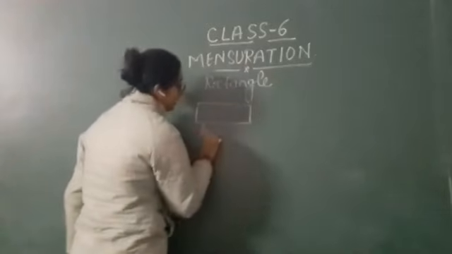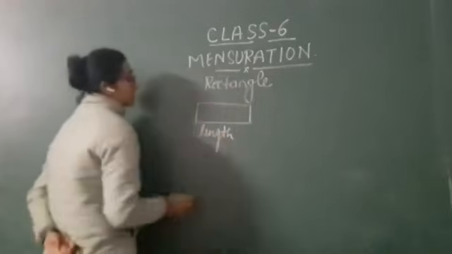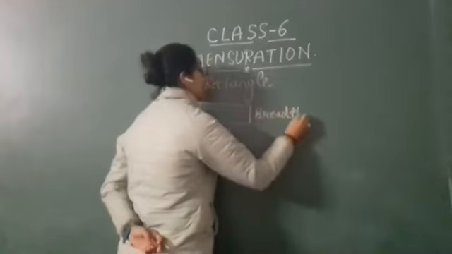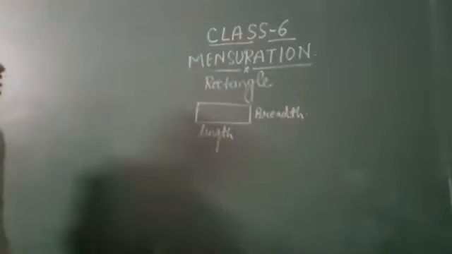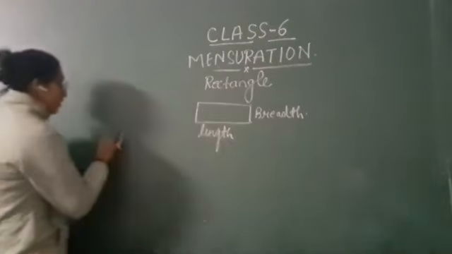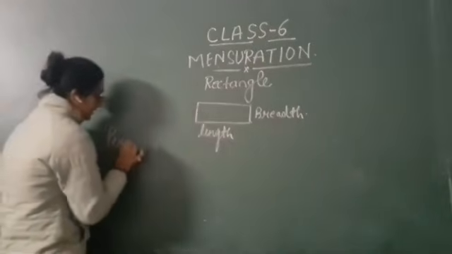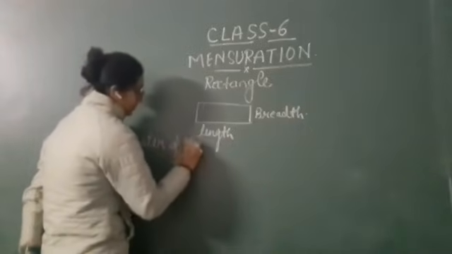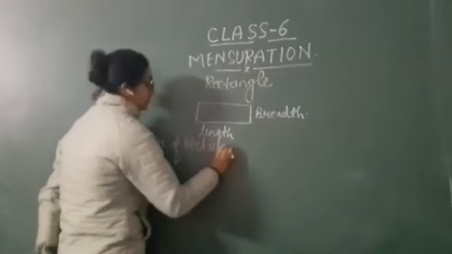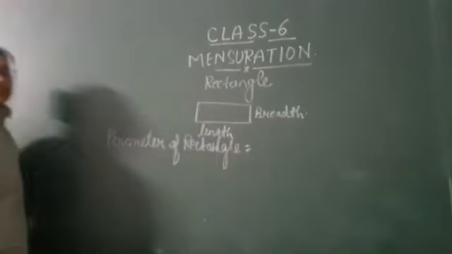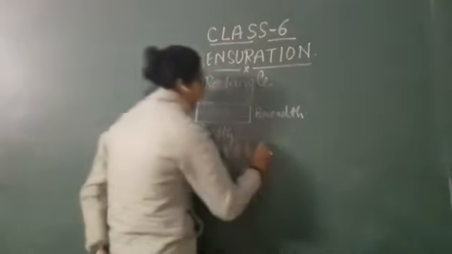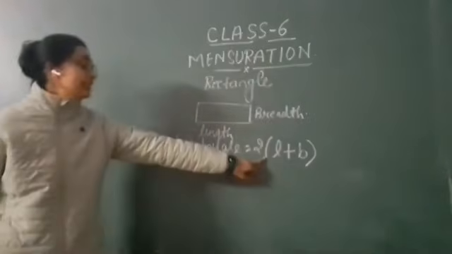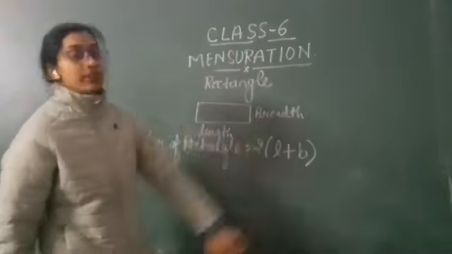The longest side will be the length and the shorter one will be the breadth. So, what is the perimeter of a rectangle? Perimeter of a rectangle is equal to 2 into length plus breadth. L for length and B for breadth.